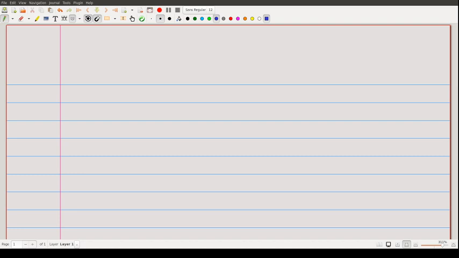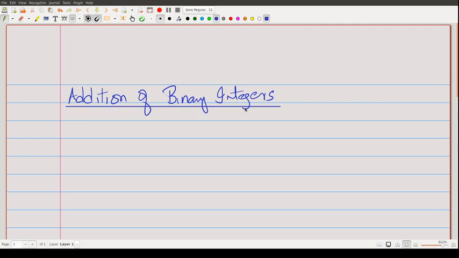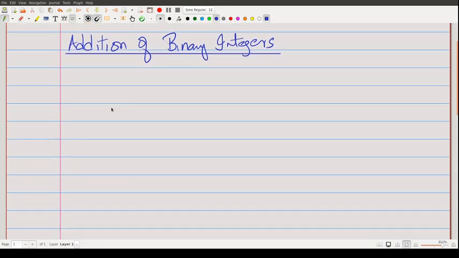So the first thing is addition of binary integers. Okay, and so let's see how we'd go about adding a couple of numbers in binary notation.